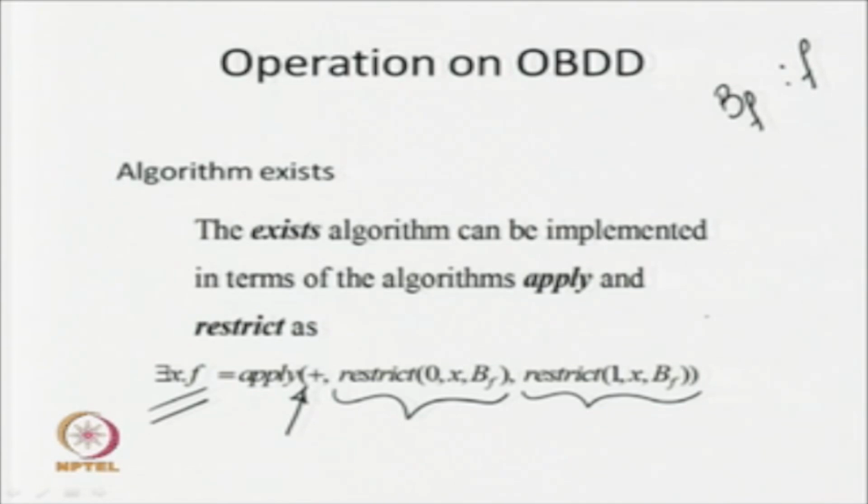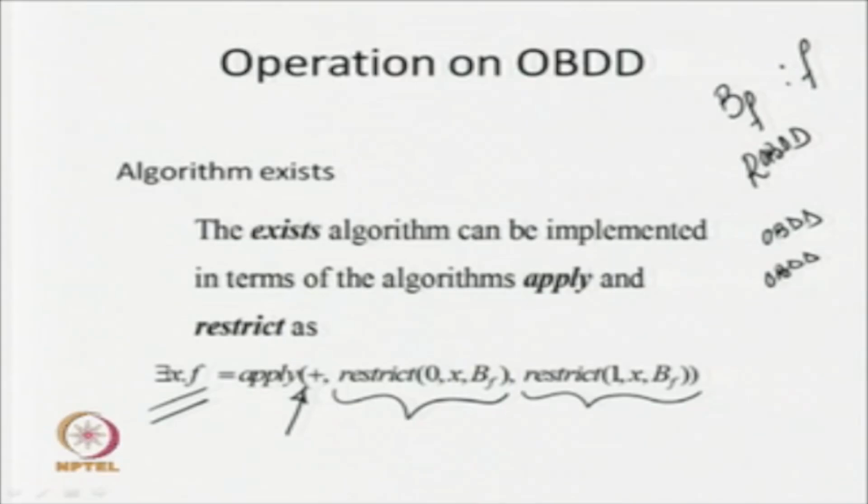Now, you just see that we are using this particular restrict x to be 1, restrict x to be 0. So, if I have, say, the ROBDD of f as B f, after restricting I am going to get one OBDD, and the second restrict operation will give me another OBDD. But the variable ordering of these two resultant OBDDs will be the same as this particular B f.